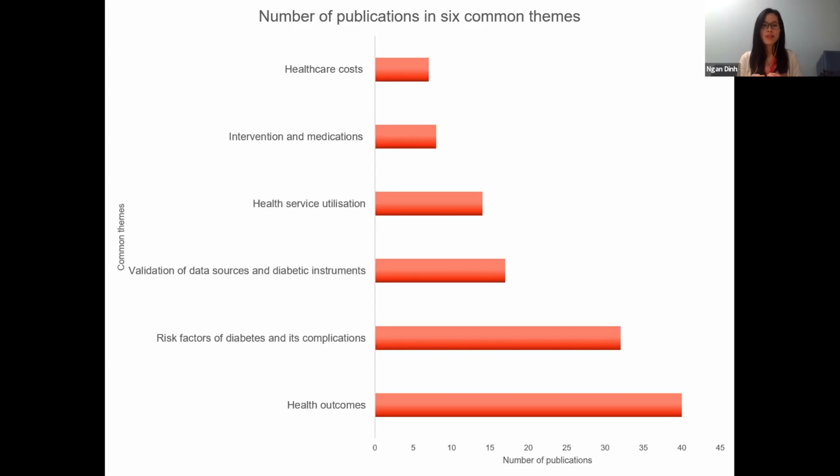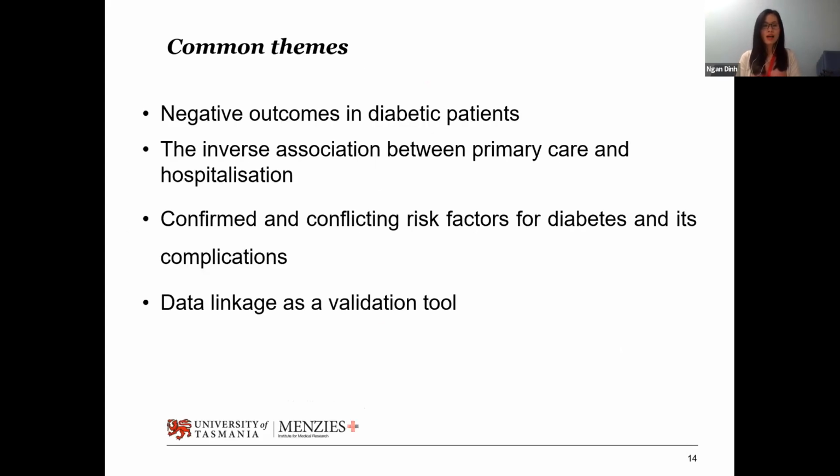And now with the development of data linkage, it is available for researchers to explore many aspects related to diabetes, especially aspects requiring data stored in different databases. Data linkage studies confirm negative outcomes in diabetic patients compared to non-diabetic patients. They were more likely to die, experienced much shorter lives, and were at higher risk of hospitalization.